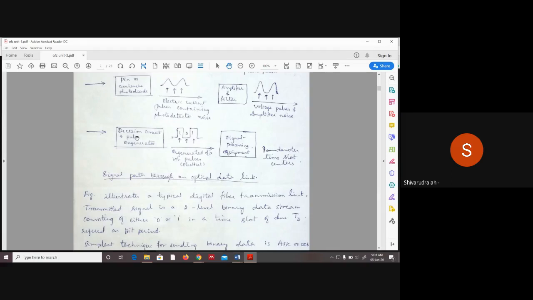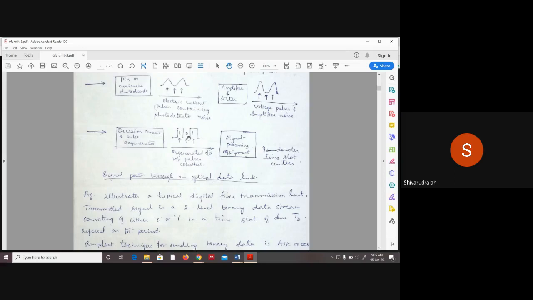A certain mathematical model is used in order to fix the threshold of the decision circuit and pulse regenerator, after which the output will be in the form of a digital pulse without any distortion, because the decision circuit is going to take a decision based on the mathematical model that has been developed and used in order to construct this decision circuit.